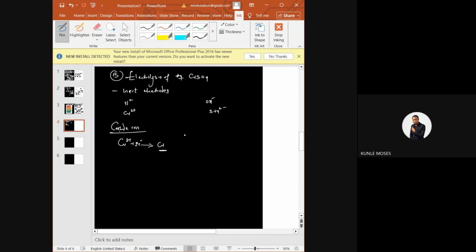However, that is taken. At the anode side, can somebody tell me what will happen? We have OH- and SO4 2-. Which one will be discharged at the anode? Lillian. OH-. Very good. So how will you balance it?